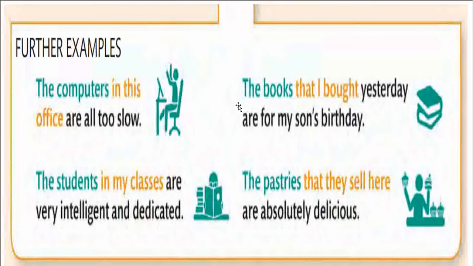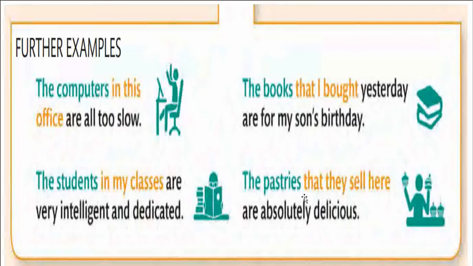The books. Which books? I'm talking about specific books. The books that I bought. So this gives a clear meaning. The books that I bought yesterday are for my son's birthday. The pastries. Which pastries?